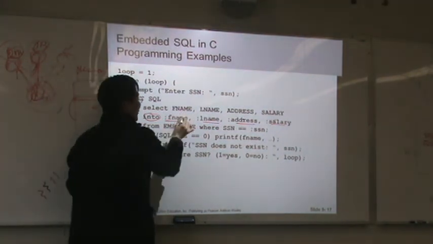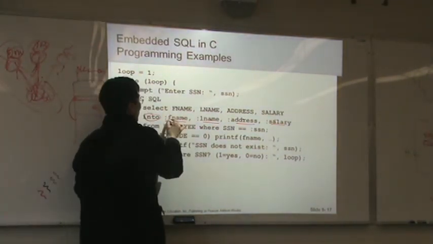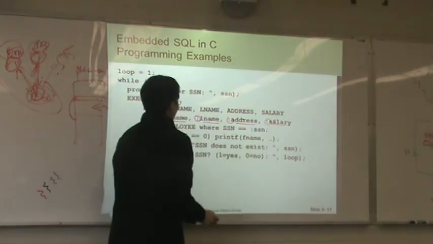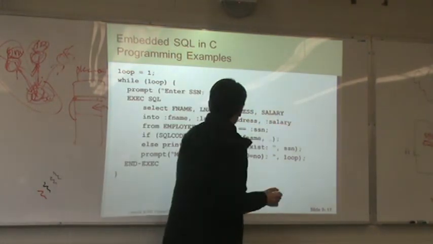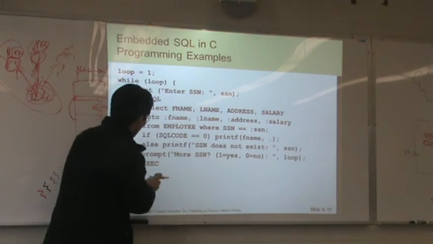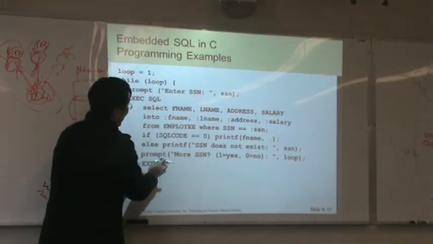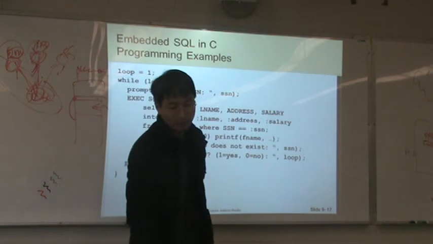At that time, to differentiate such a variable, you need to use a colon. And finally, in your programming part, you can access the data using fname, lname, address, something like that.